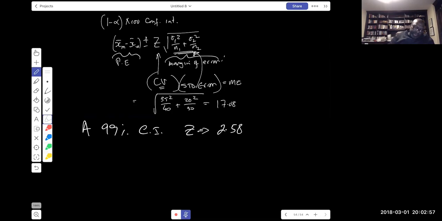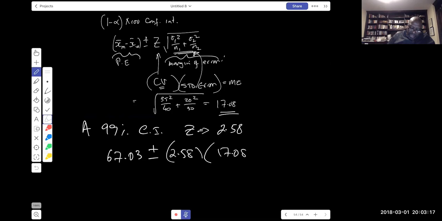So in that case, we would take the 67, that's the value of x bar m minus x bar w, and 3 cents, plus or minus the Z value, which is 2.58, times the standard error, 17.08.